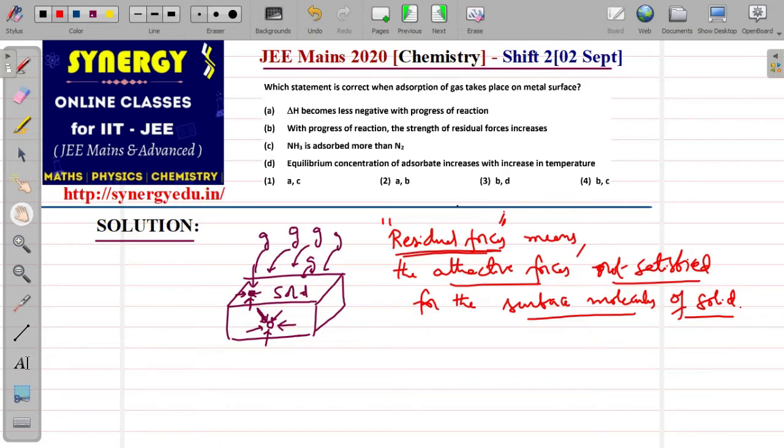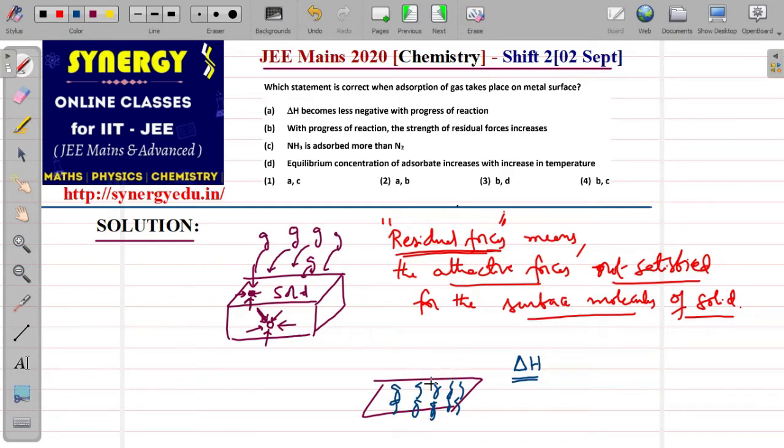Now when adsorption is happening, what happens on the solid surface? First, a gas layer will come and attach due to the attractive forces. But as more and more gas molecules are adsorbed here, the attractive force becomes weak. Delta H is the energy involved during this adsorption process.